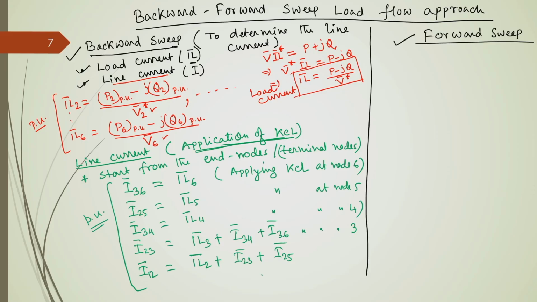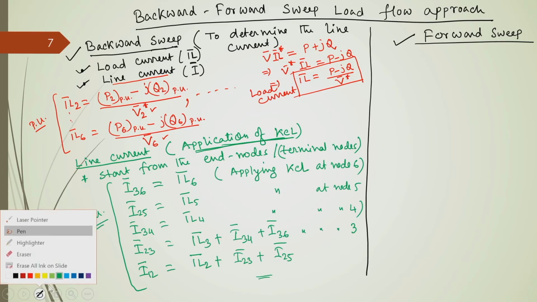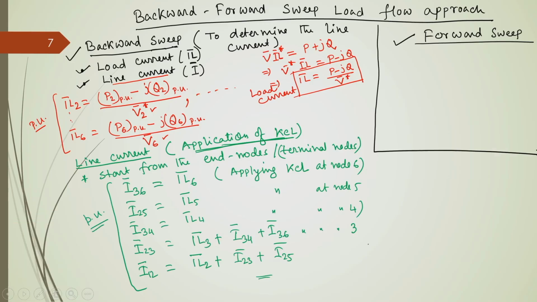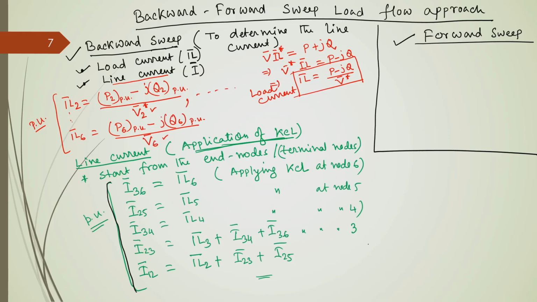Okay. And this line current calculation is somewhat complex for backward sweep analysis, as I said. Okay. And there are many approaches for determination of line current by using some algorithm or iterative way.